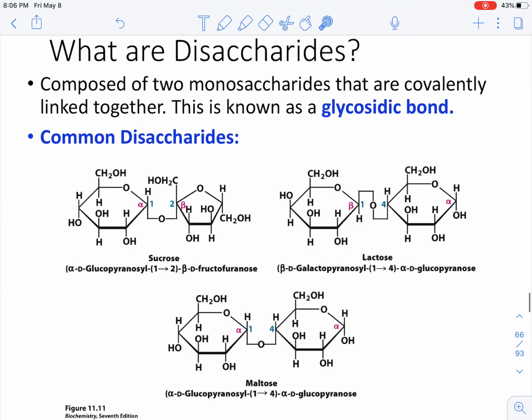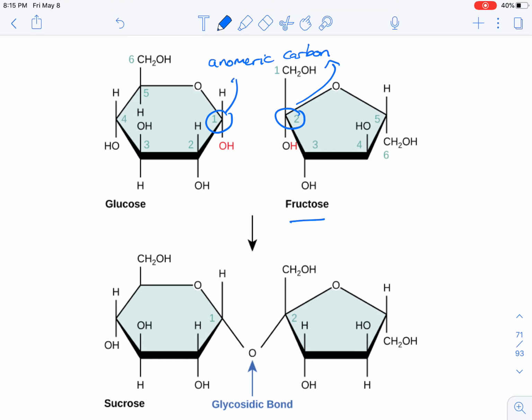And this is going to be the anomeric carbon for fructose. The reason why this is the anomeric carbon for fructose is because of the numbering system that they've labeled. So this is 1, 2, 3, 4, 5, 6.